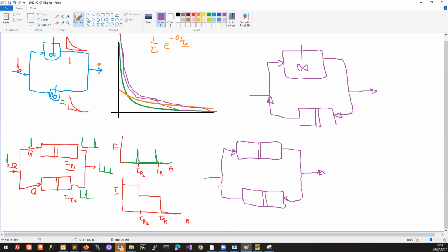I would like you to try this out. Let's take about 2 minutes and try to sketch out what you think this RTD is going to look like, right? I'm talking about this one down here. So sketch out what you think this RTD is going to look like.